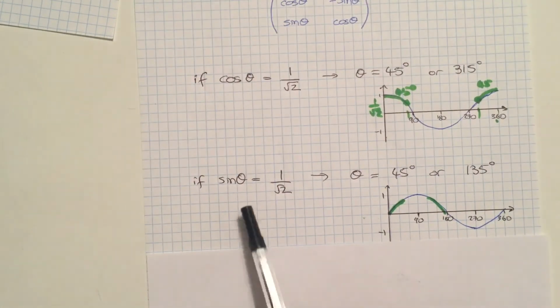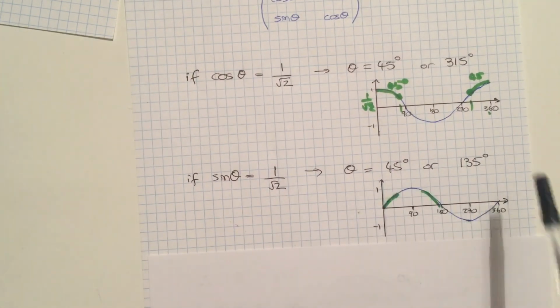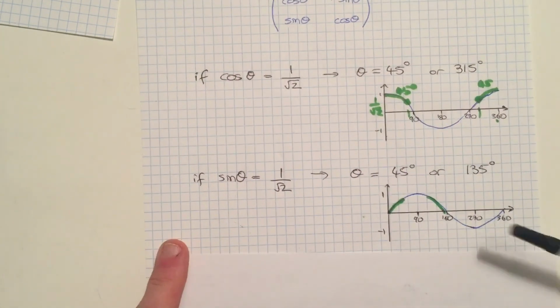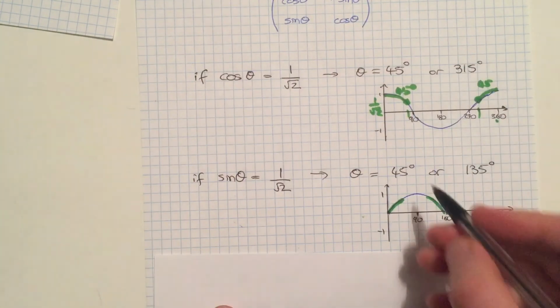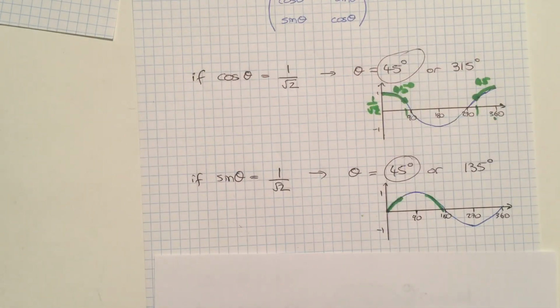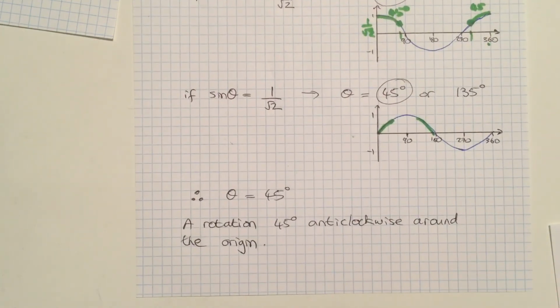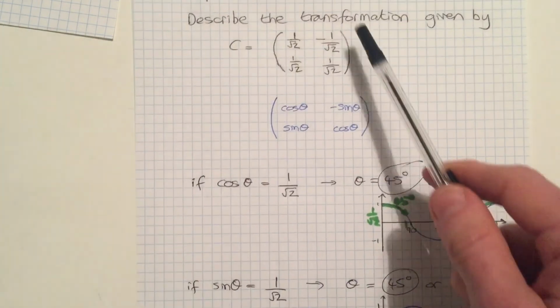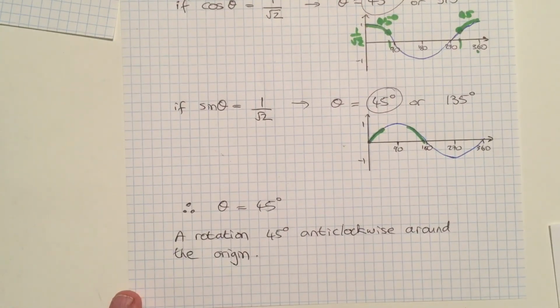So according to this bit of the matrix, theta would have to equal 45 or 135. So comparing both of these, because they both have to be true, the only answer that is consistent is 45 degrees, so therefore I know theta is 45 degrees, and now I can say therefore that this matrix here represents a rotation 45 degrees anti-clockwise around the origin.